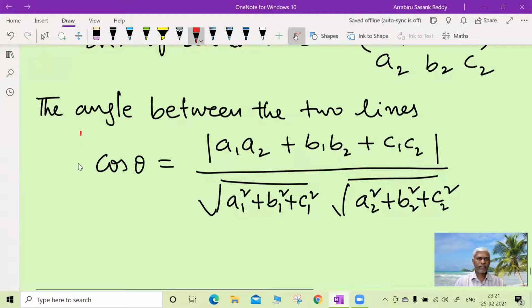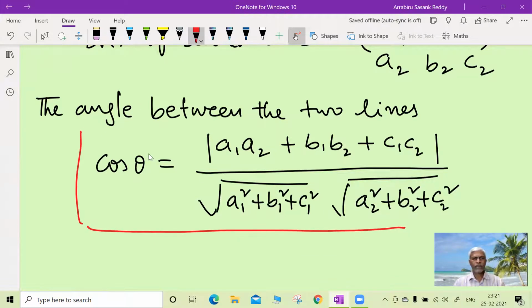This is the formula for angle when the direction ratios are known.